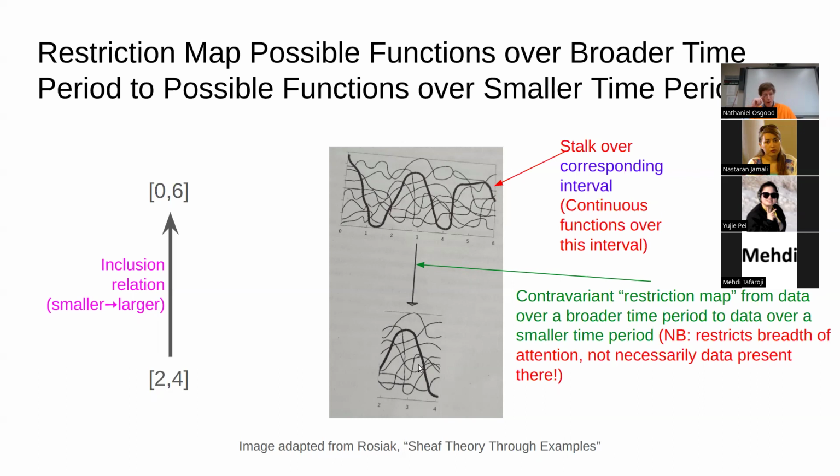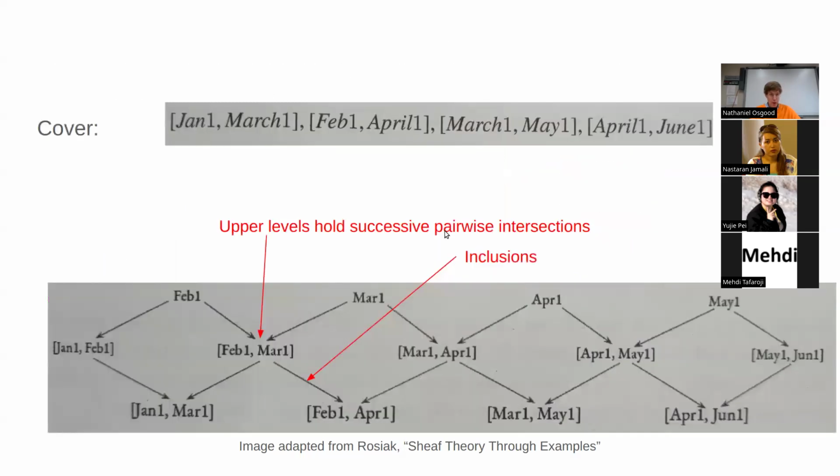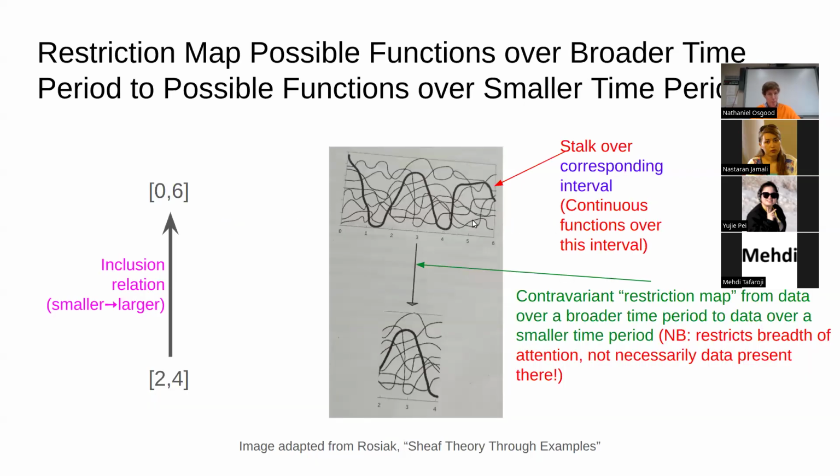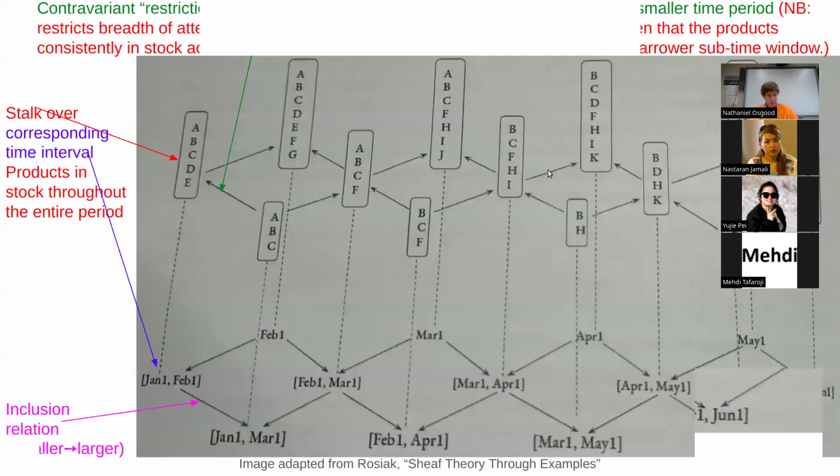So I want to note one thing that he's done is he's shown these intervals directly with the data on them. We're going to start making a distinction between the pieces of the different spaces in which they're located, here 2 to 4, here 0 to 6, and the actual data about those spaces, which are going to be called stalks. S-T-A-L-K, yes.